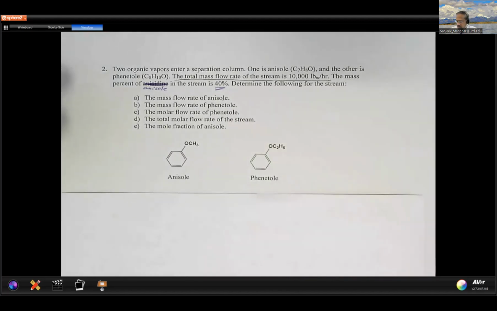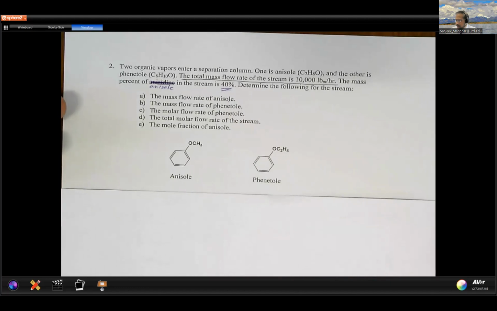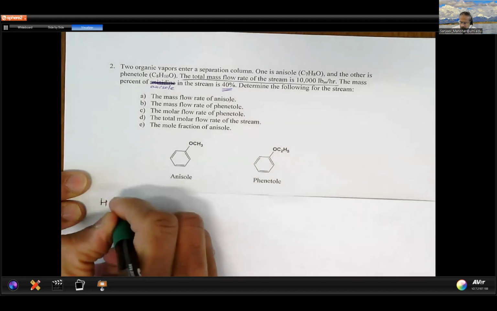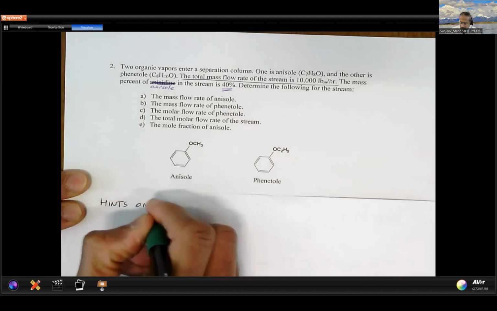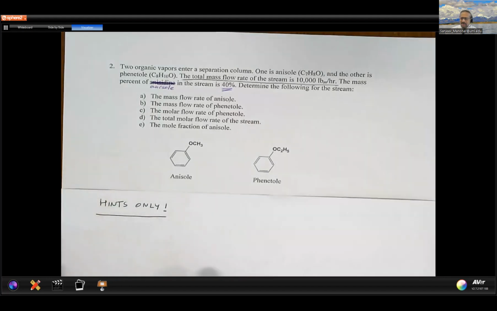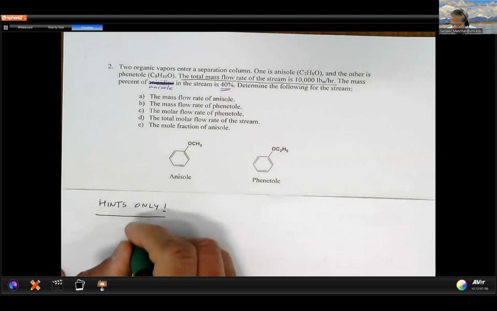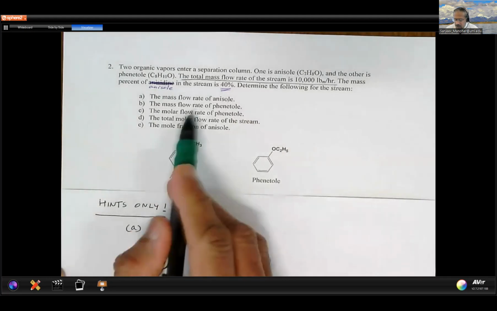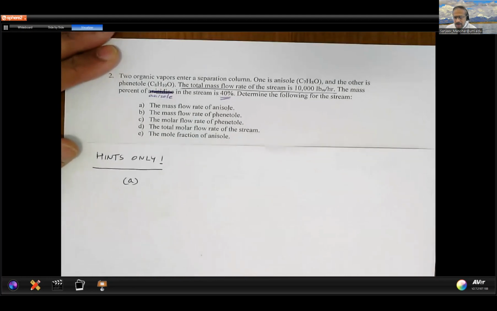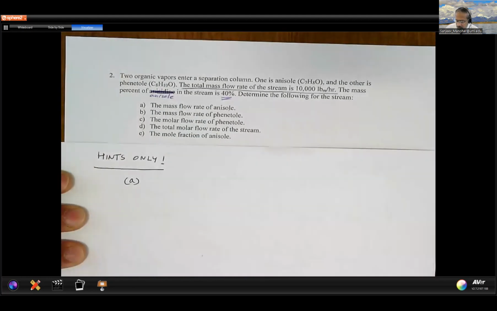Okay, so let's take a look at how we go about this. Question number 1 is what? Hints. This is hints only. You have to calculate it. So A, mass flow rate of anisole. How do you represent that?